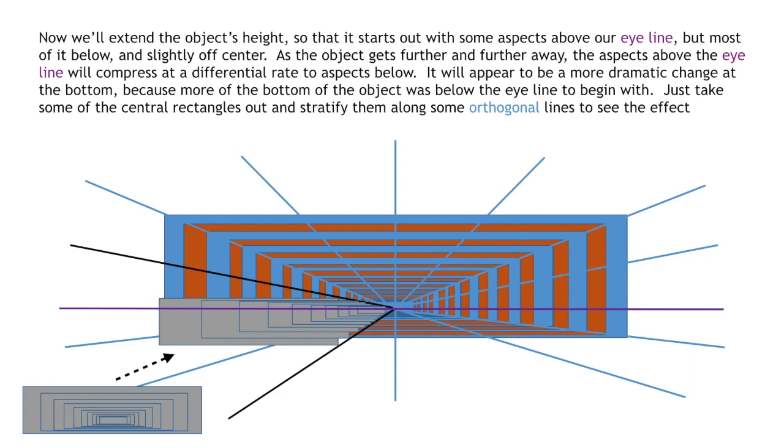So again, just take out some rectangles, stratify them along the orthogonal lines for their rate of ascent and descent, like I said, and you will see the effect. So you can see here in the bottom left, those are the rectangles that I pulled out from the perspective view in a central perspective view, and then you just move the corners so that they stratify themselves along the orthogonal lines, which I outlined here in black.